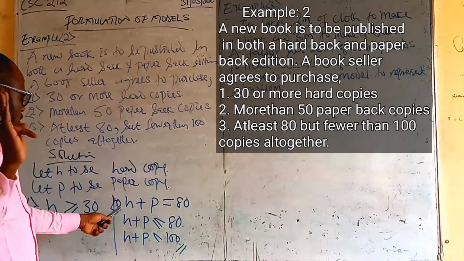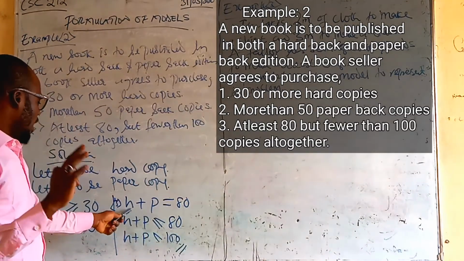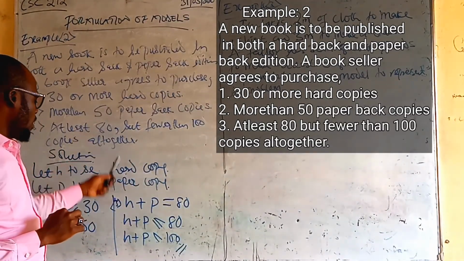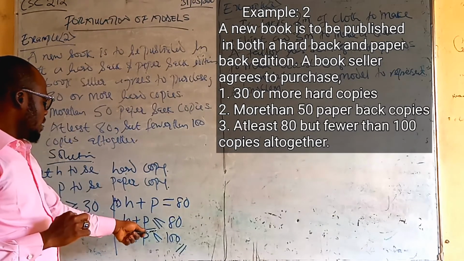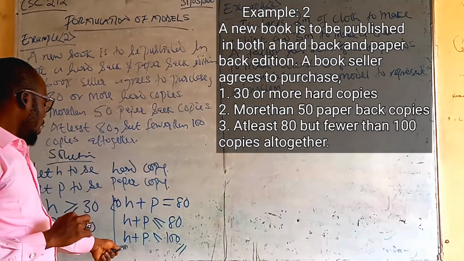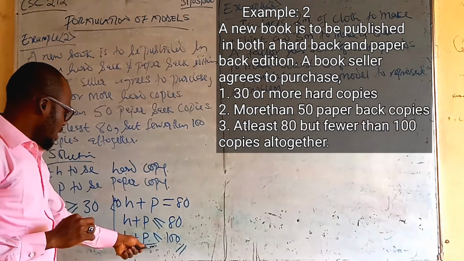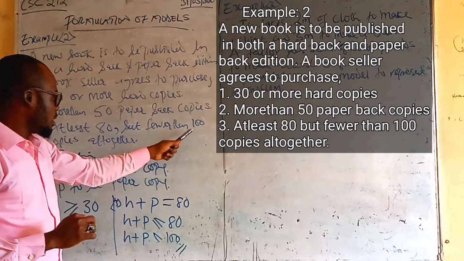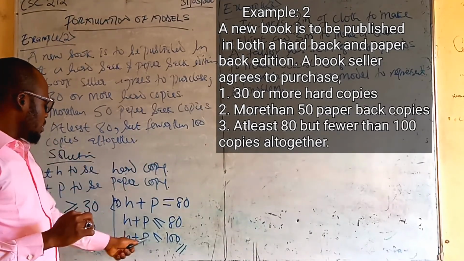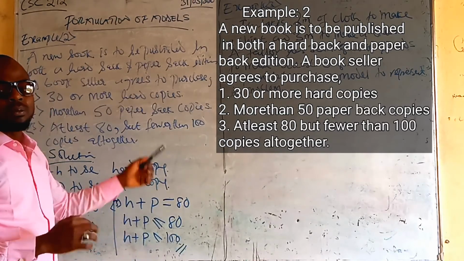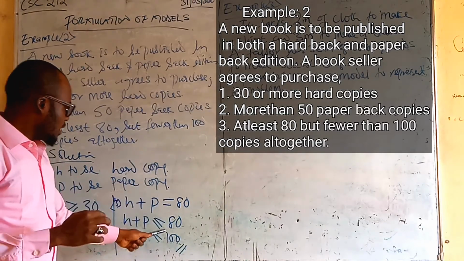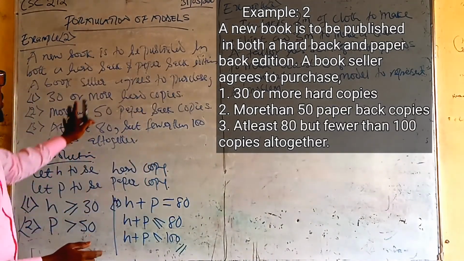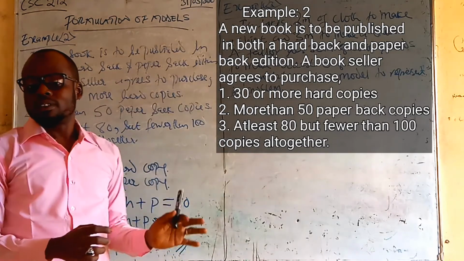So we have three scenarios here. We can represent them as hard plus paper copy equals 80, or hard plus paper is greater than or equal to 80, or hard plus paper is less than 100, because they stated fewer than 100. This is the reason why we stated that hard copy plus paper copy that is going to be purchased is less than 100. So now we have formulated the problem that is given.